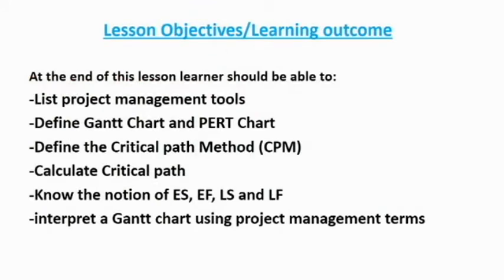Lesson objectives. At the end of this lesson, learners should be able to: 1. List project management tools. 2. Define Gantt chart and project evaluation and review technique chart. 3. Define the critical path method, abbreviated as CPM. 4.